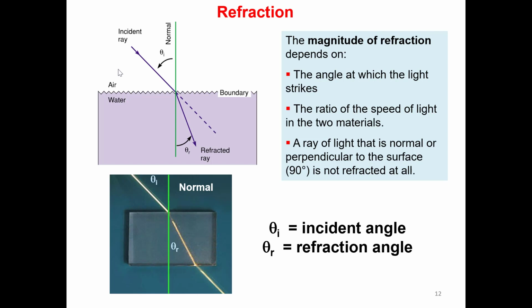For example, in air, the speed of the light is about 3.00 times 10 to the power 8, but in water it is about 1.23 times 10 to the power 8. In air it is 3.00 times 10 to the power 8 meters per second, but in glass it is 2.5 times 10 to the power 8 meters per second.